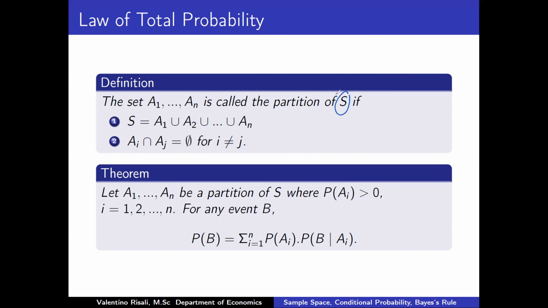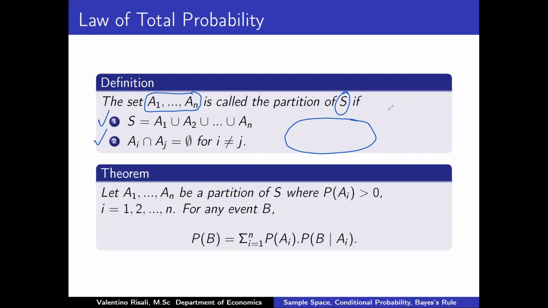If we have a set S, the collection A1 until An is called a partition of S if, number one, S is equal to the union of all of them. And then for every two sets Ai and Aj, for different i and j, they must be disjoint. If I illustrate the partition, it's like this.